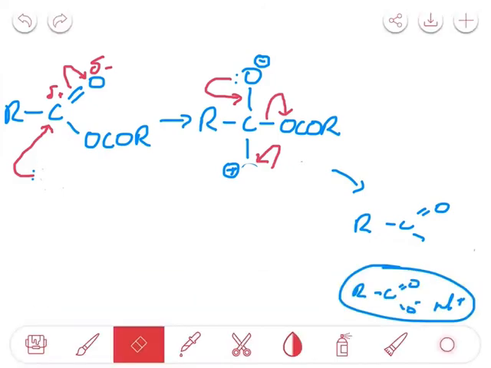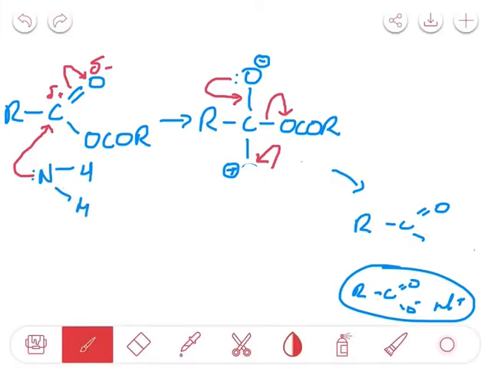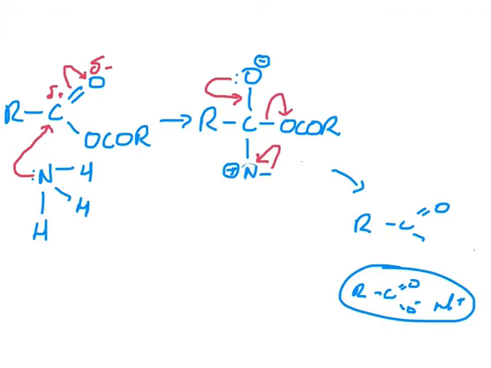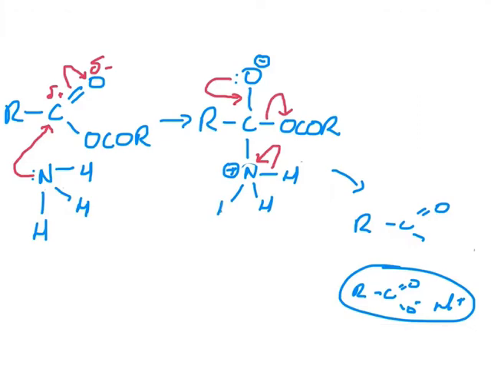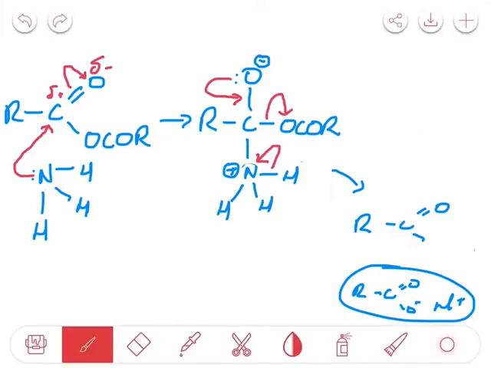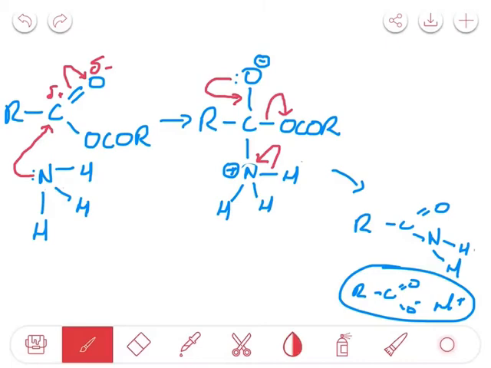So the mechanism is identical. I'm going to have a nitrogen there, hydrogen here, hydrogen here, hydrogen there. That was my ammonia that I added before. Losing one of those hydrogens there is going to give me that, which is my amine.